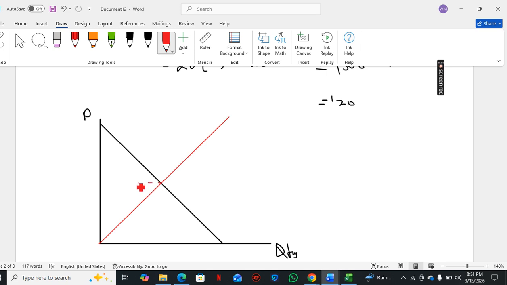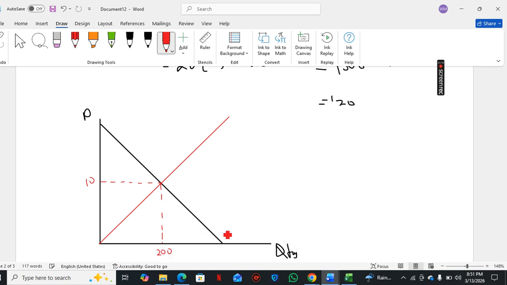So colleagues, when government implements this tax, which curve do you think is going to shift? Is it the demand curve or the supply curve? This is where you need to now remember the shifters of each. So which curve is going to shift?